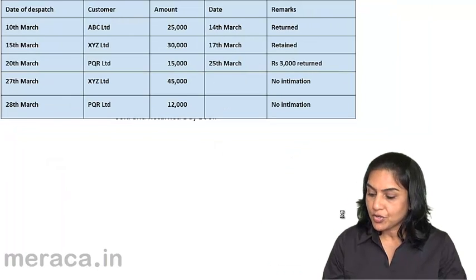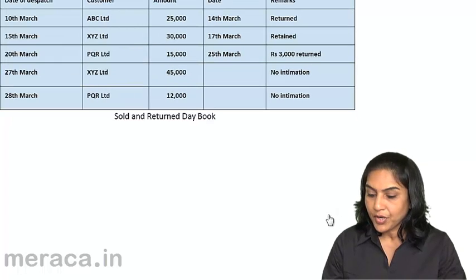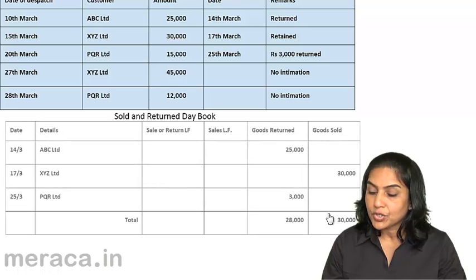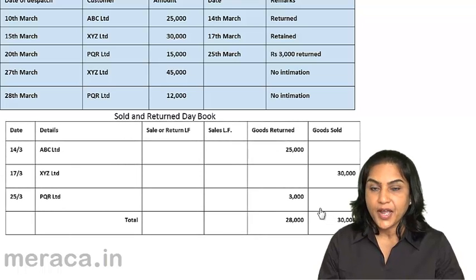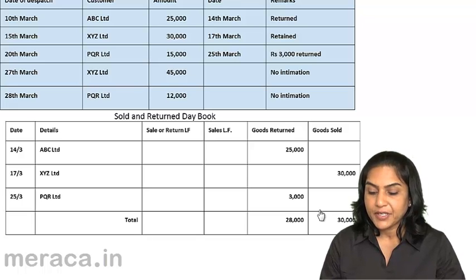Let us see how this is also reflected now in the sold and returned daybook. This book has two columns, one for goods returned and one for goods sold, in addition to dates, particulars and the folios.